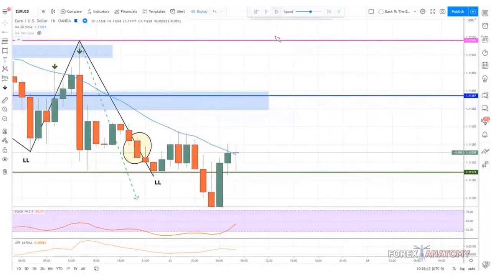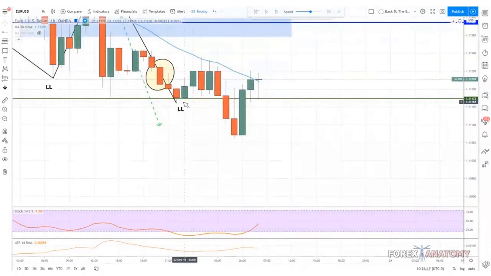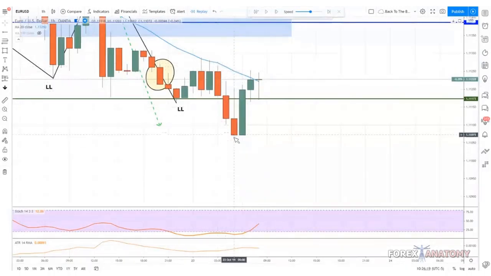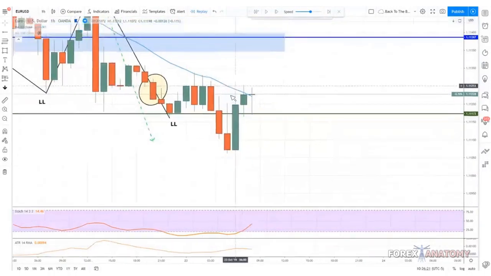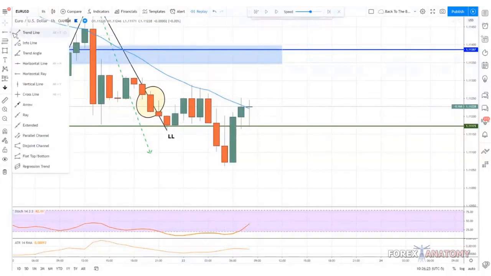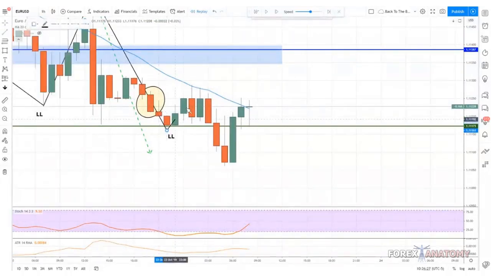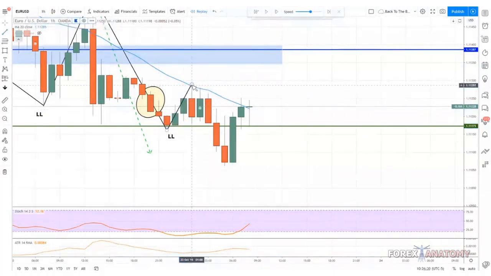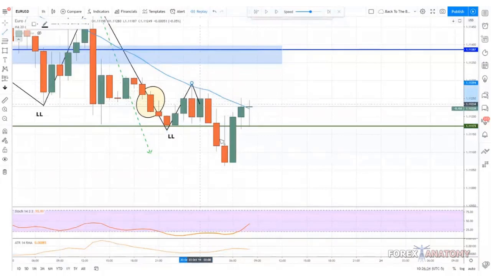Okay, so then we get a correction and then another impulse leg. So what we could do right now is draw that in. We get this right now, and now we get this.